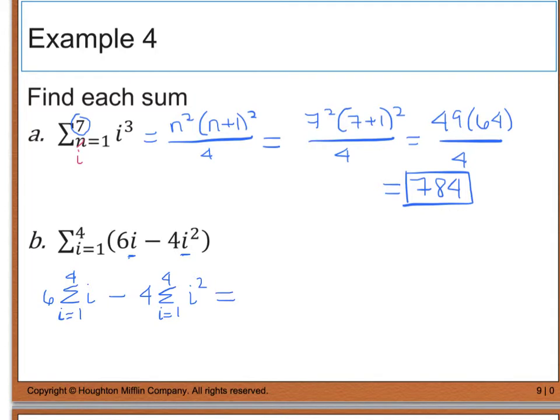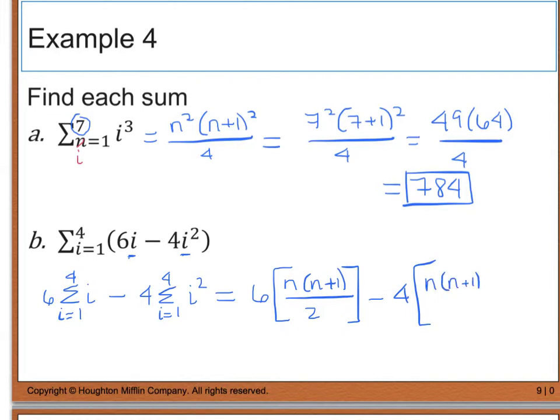Now what this is going to simplify to is 6 times, now the formula for i is just n times n plus 1 divided by 2, and then I'm going to subtract 4 times, and i squared is going to give me n times the quantity of n plus 1 times the quantity of 2n plus 1, and all of this is going to be divided by 6.